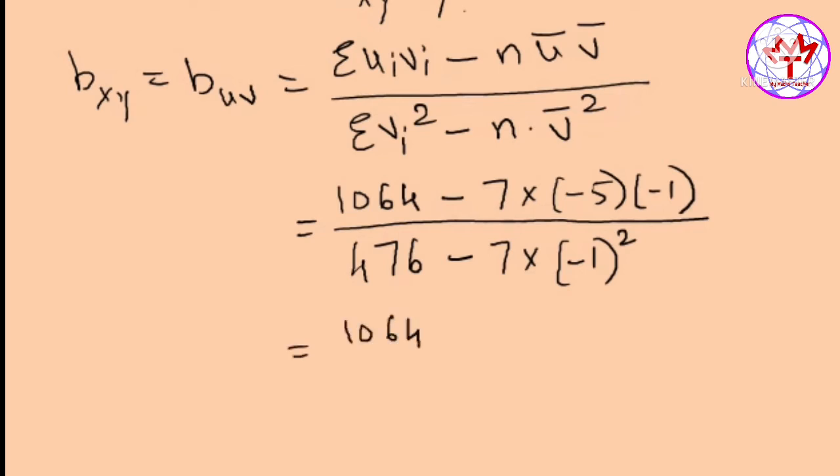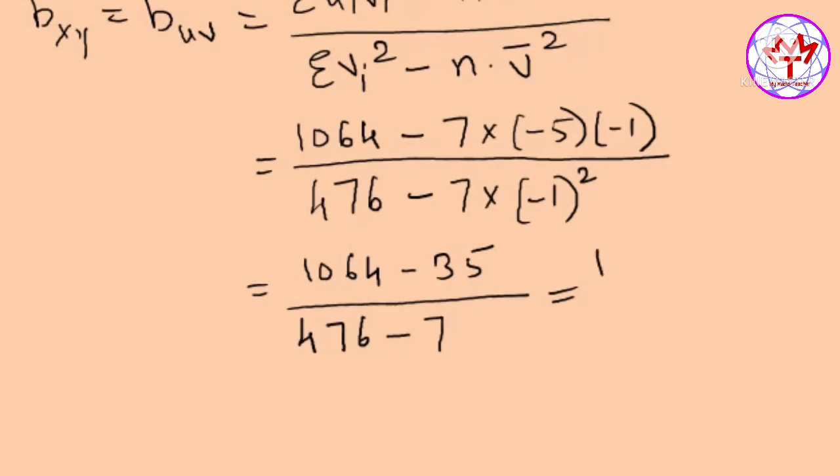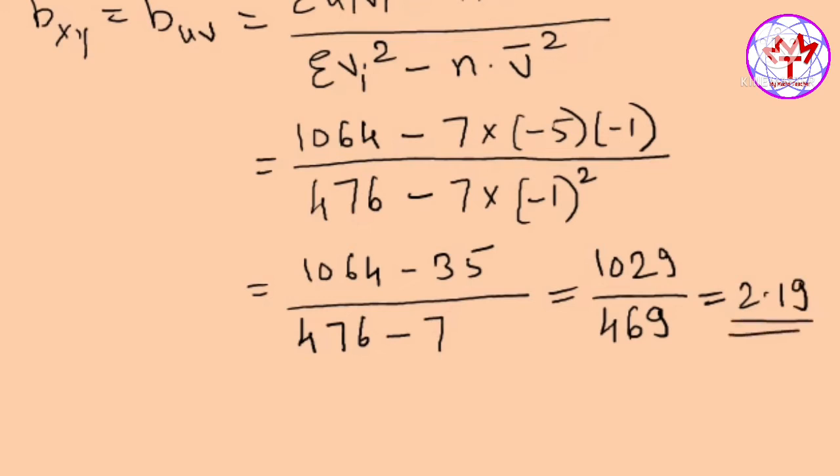So this is equal to 1064 minus 35 upon 476 minus 7. So you get 1029 upon 469, and that is equal to 2.19.